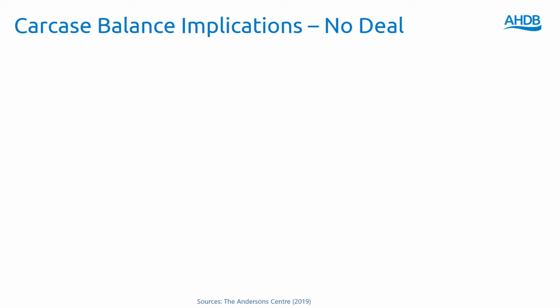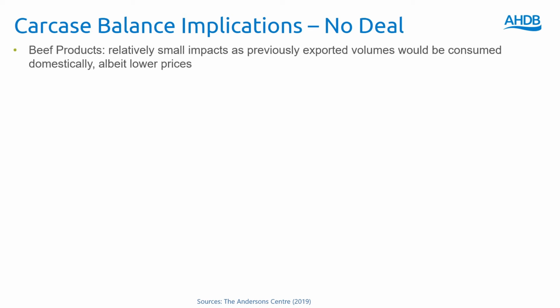In terms of beef, relatively small impacts, because of course the UK is not self-sufficient in beef production, and what was previously exported to the EU could be consumed domestically, albeit in some cases there might be lower prices, particularly the higher value hindquarter cuts that have been exported to the likes of Italy in the past that will be consumed domestically in the UK, but potentially some lower prices associated with that.